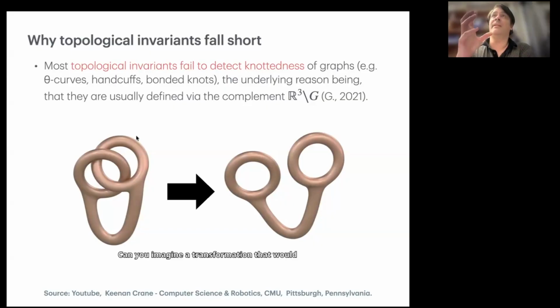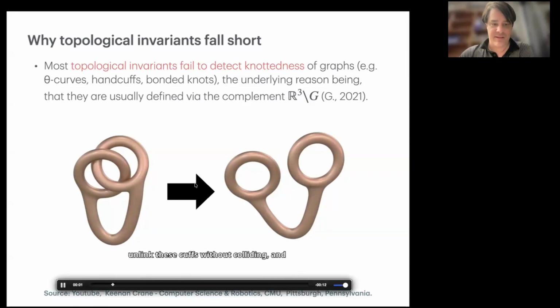These invariants are constructed in theory of the complement, which means that we study a thickened version of the knot. And we know that topologically, if you thicken this handcuff, for example, you can unlink it. So by thickening a knot, you lose a lot of topological or combinatorial information about the knot.